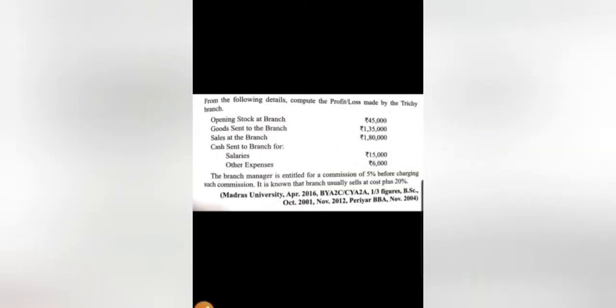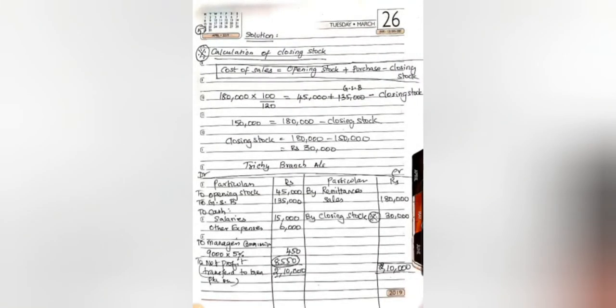So we take from here the opening stock 45,000 plus purchase. The purchase, that is goods sent to branch 1,35,000, is considered as a purchase, whatever they have sent to the branch. So 1,35,000 is the purchase value minus closing stock, that is X, which we are going to find out.